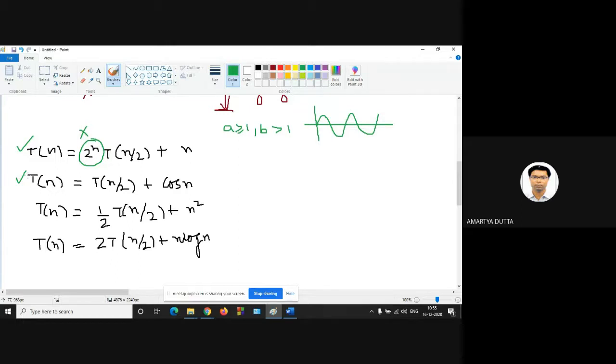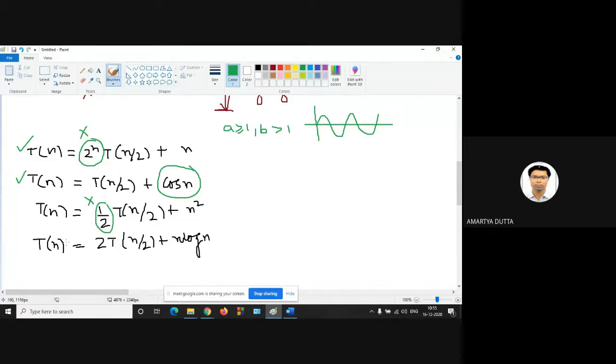It is not asymptotically positive for large n because of the cos function. Is it clear? Yes, sir. Third one, sir, a is half, so a is obviously less than 1. So you can't apply the master theorem.